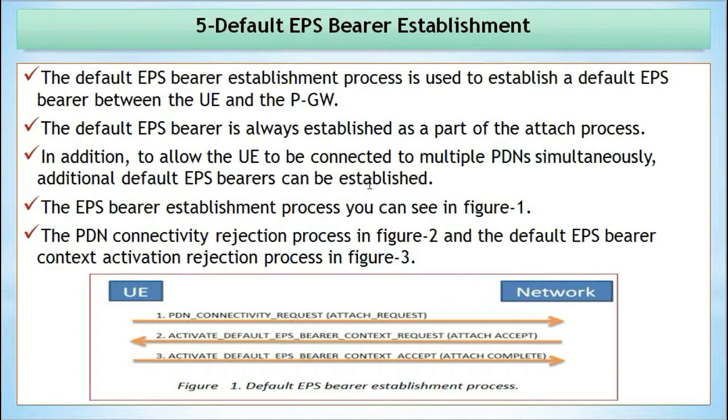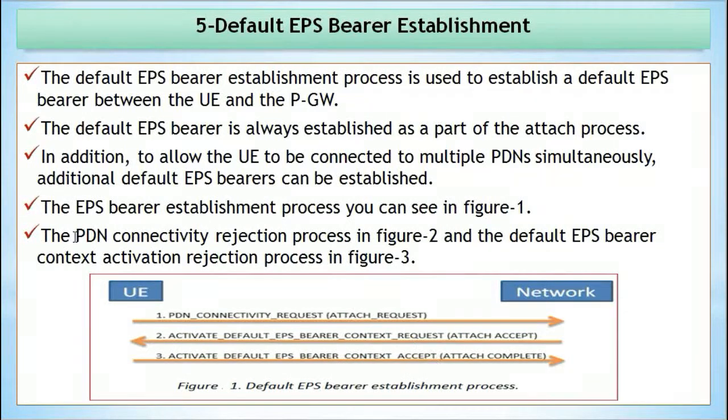Okay, the EPS bearer establishment process, here you can see in this figure. First, the UE sends a PDN connectivity request to the network, and in response the network sends an activate default EPS bearer context request. Then the UE sends a message to the network, activate default EPS bearer context accept.